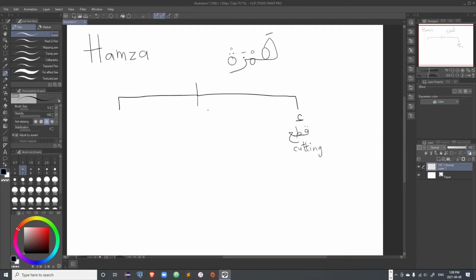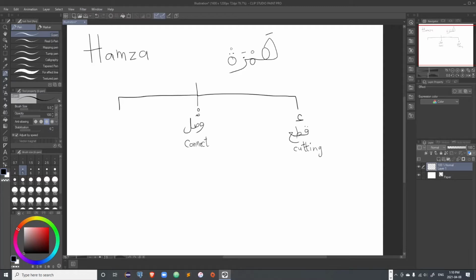Then we have a second type of hamza, which does not have a shape, though if it is drawn, it either takes the shape of a sukun, a small circle, or takes the shape of a small head for a sad, like so. This is called wasl, hamzat wasl, and wasl means connecting.